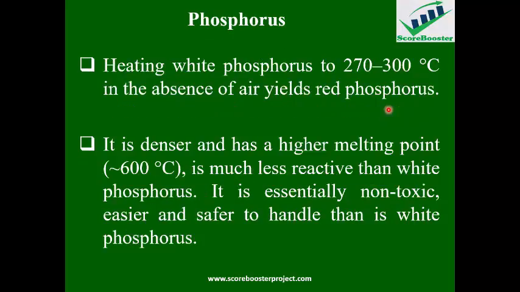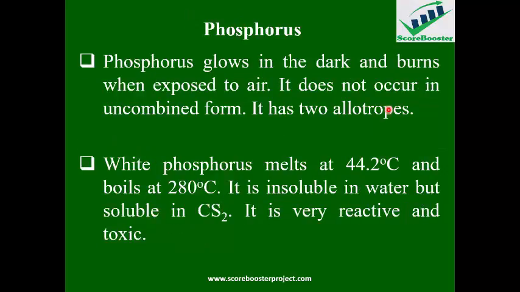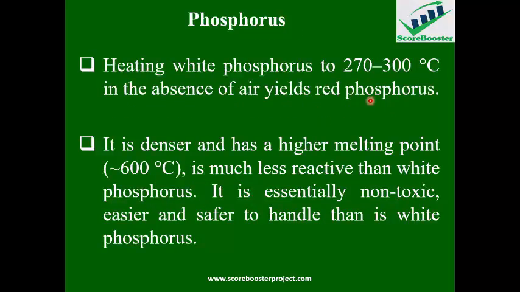On the other hand, if white phosphorus is heated between 270 and 300, don't forget we said 280 is the boiling point of white phosphorus, in the absence of air, then there is going to be a phase transformation, and that phase transformation will give us what is called red phosphorus.